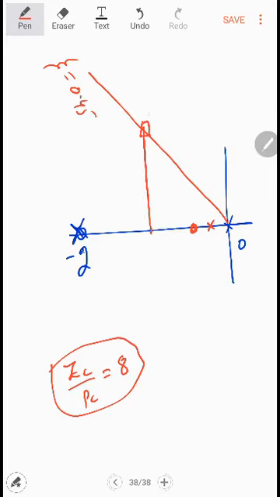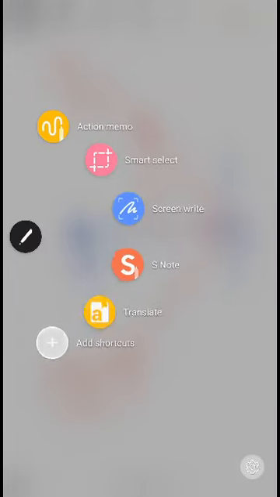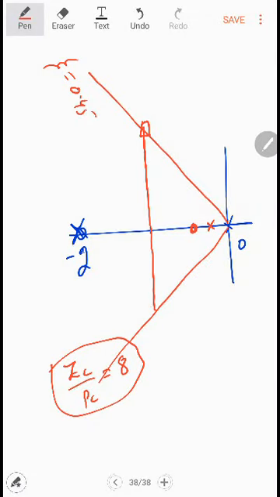So this will cross this point, and another one will cross this point. These two points will be on the root locus. You see, this point is j2, and this point is -j2.